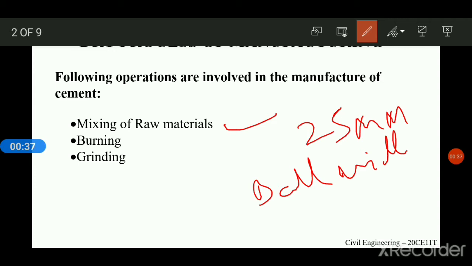After screening, each material is stored in a separate hopper, and then the powder is mixed in required proportions to get the dry raw mix, which is stored in a storage tank called a silo, and finally it is kept ready to be fed into the rotary kiln.